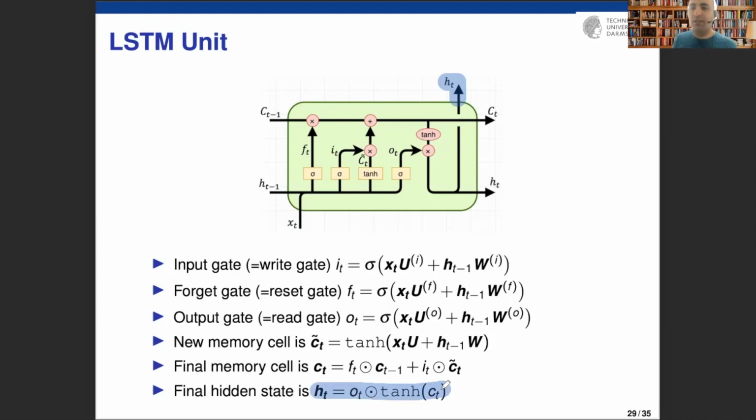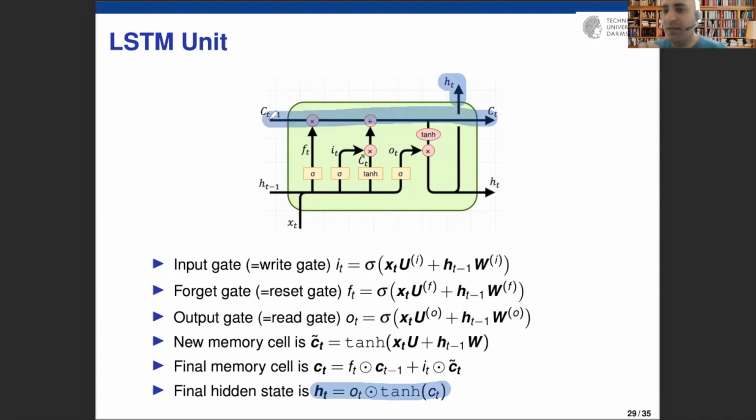It is the element-wise multiplication of the output gate times tanh of ct. What is ct? ct is the final memory cell value, and it's obtained from here.